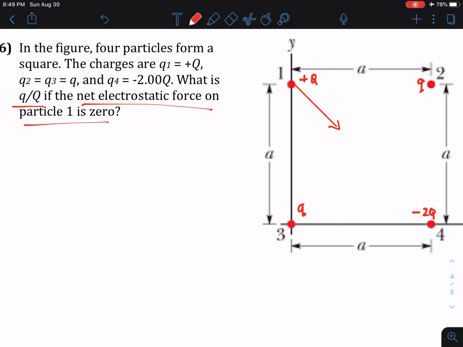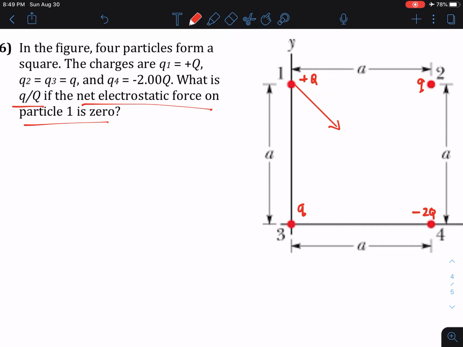So now I'm going to figure out the sign of little q. How am I going to do that? I know that the net force on particle 1 should be 0, right? So if you look at this, the only force I have, and let's label that F14, is the force on 1 due to 4. Look at the components. It has a positive x component, right, and a negative y component.